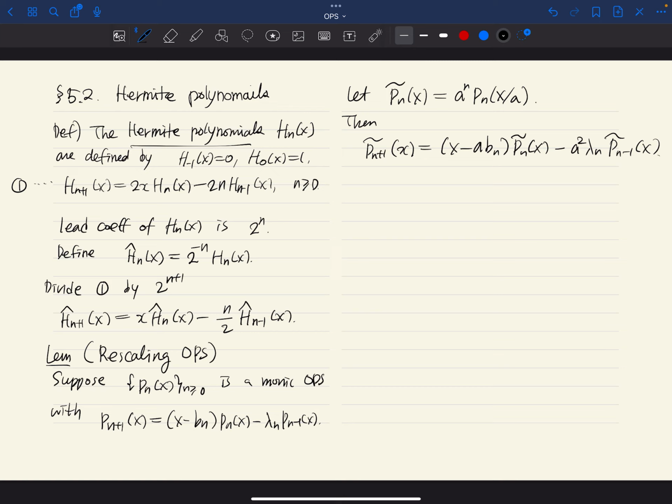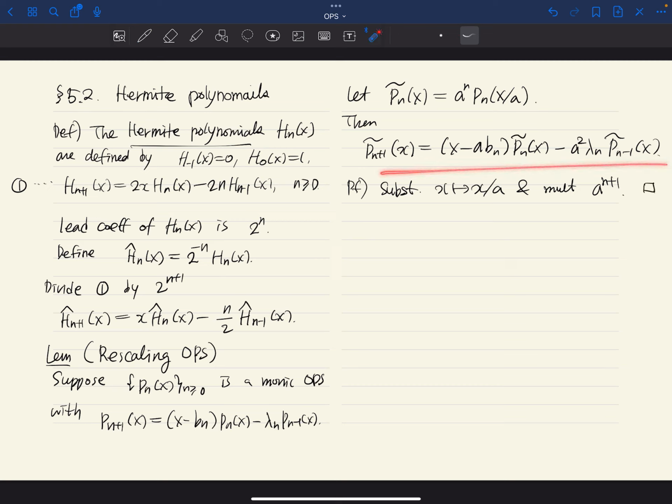The proof is just one line. Just substitute x by x over a, and multiply both sides by a to the n plus 1. That will give you the right formula.